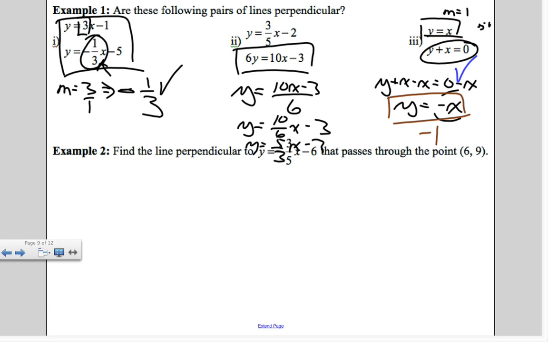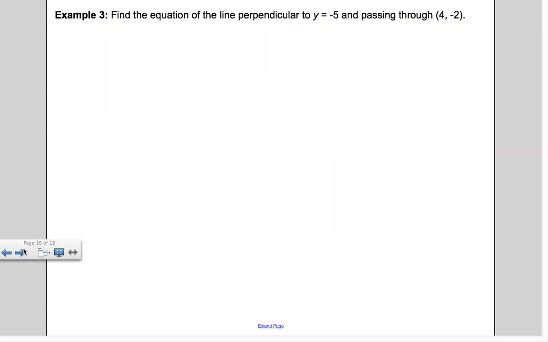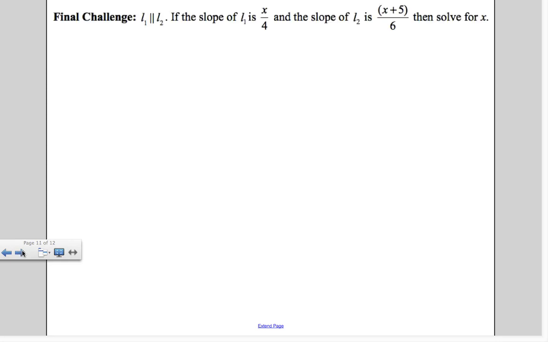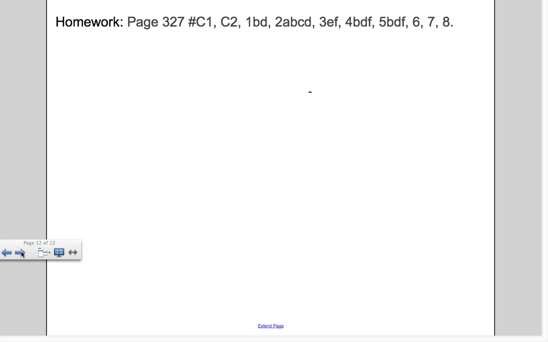You're taking that slope and doing something to figure out the other slope, and then doing algebra to get the y-intercept. This one is similar to the one we did before with the y equals horizontal line, so we want the line that's perpendicular to it. Don't worry about the final challenge, and then do these questions for homework.